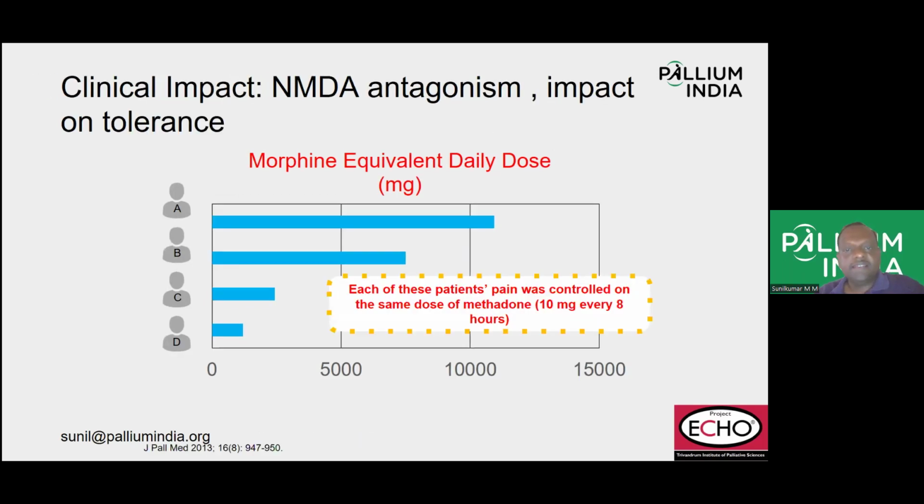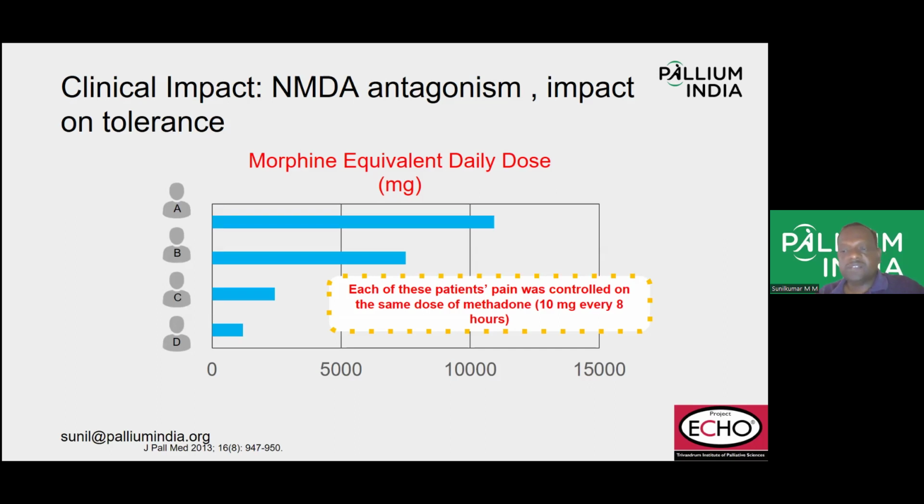Okay, and all these patients were started on 30 milligrams of methadone per day, regardless of the dose of morphine they were taking. So all 4 patients were given 30 milligrams of methadone, and all of them got very good pain relief.